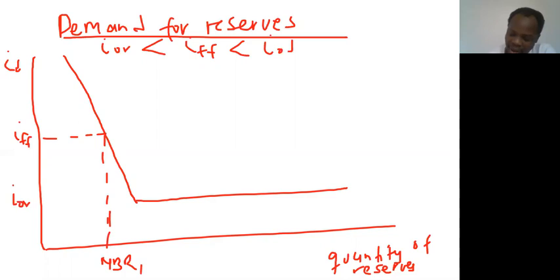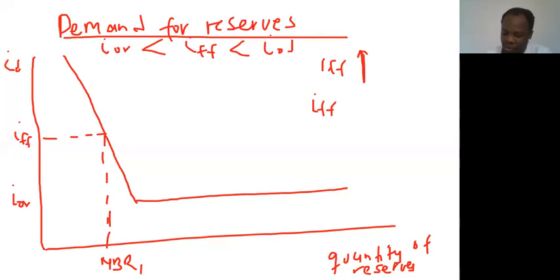We're looking at a situation whereby IFF increases, because we are looking at the relationship between the federal funds rate and the quantity of reserves that we will demand. So if IFF increases, what happens to the opportunity cost of holding reserves? The opportunity cost of holding reserves is IFF minus IOR.